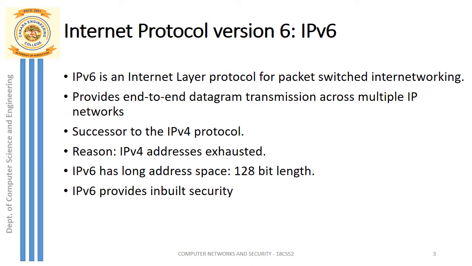We have already studied IPv4 and IPv4 addressing in the previous course, that is 18CS46 Data Communication, in the 4th semester. And we have seen that IPv4 uses a 32-bit address, whereas IPv6 helps us to address each and every node in an internet by using a 128-bit address length.